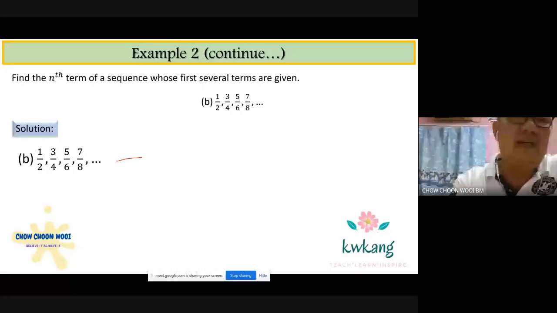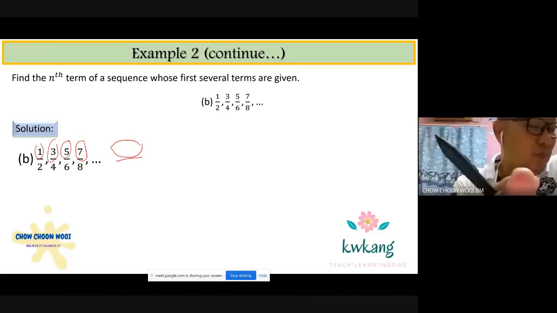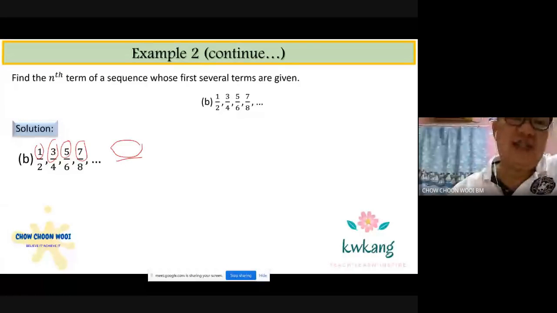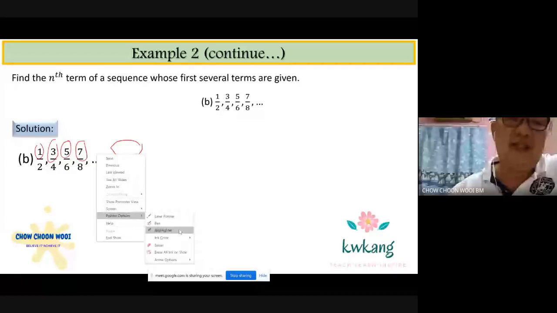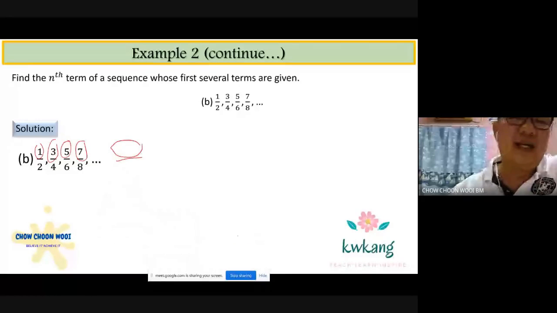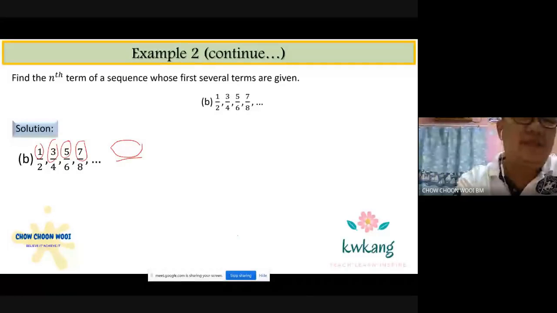Okey. Baik. Kemudian kita tengok. First term, the first one is 1. Second term, nombor dia 3. Kita tengok numerator. Dia adalah 1, 3, 5, 7. What about Tn? Okey, kita tengok numerator. Tak tengok bawah. Yang ni tak mau tengok lagi. Kemudian baru kita tengok denominator pula.